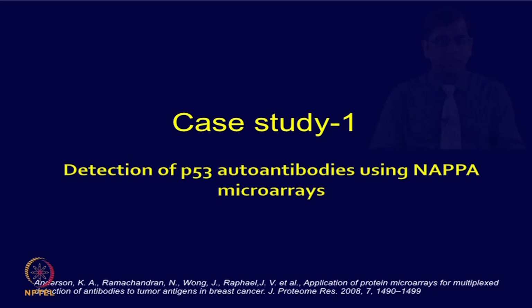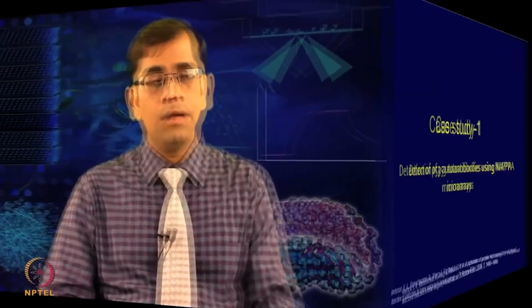The study was performed by Anderson et al. Antibodies to several tumor antigens are identified in breast cancer patients. However, there is very little knowledge about the specificity and the clinical significance of the antibody immune repertoire in breast cancer patients.